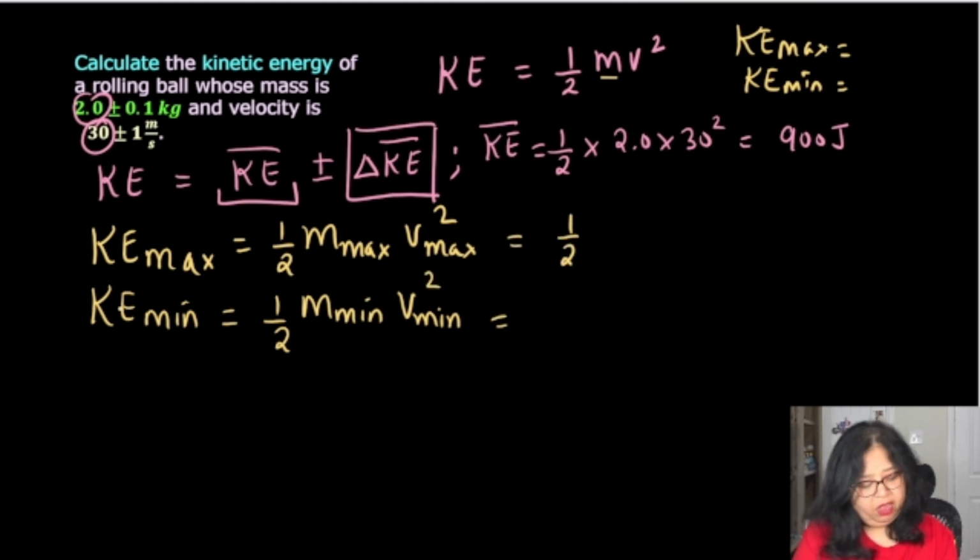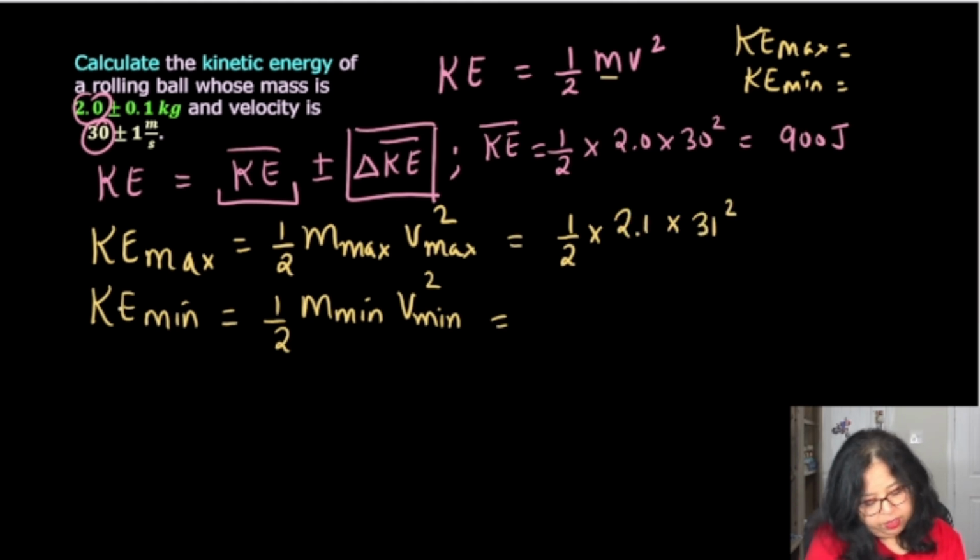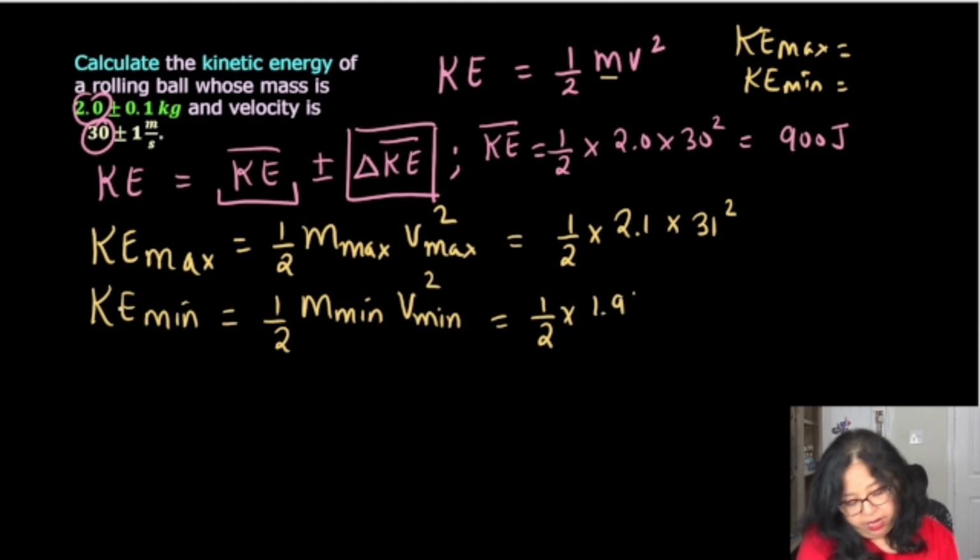Okay, 1/2 maximum mass, 2.1, maximum velocity, 31 squared. Minimum value of kinetic energy, 1/2 times 2 minus 0.1 is 1.9, times 30 minus 1 is 29 squared.